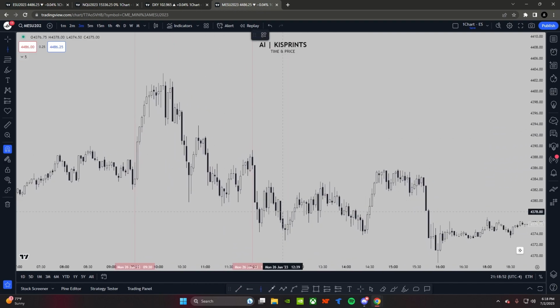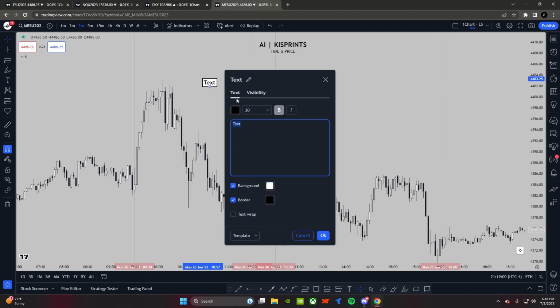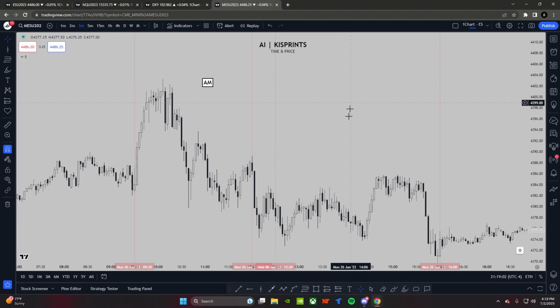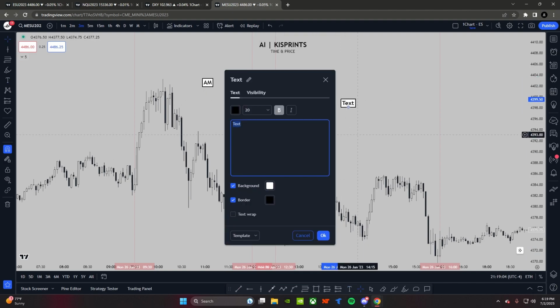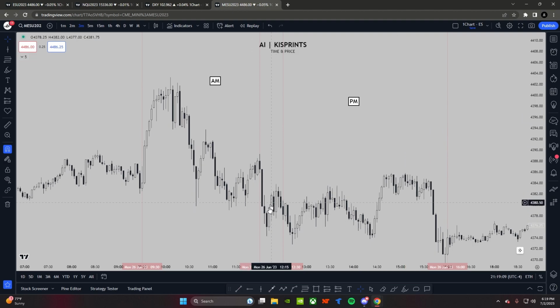And then we're going to highlight the PM session. So AM session right here. And then we have our PM session right here. And then lunch is going to be this little consolidation right here in the middle.